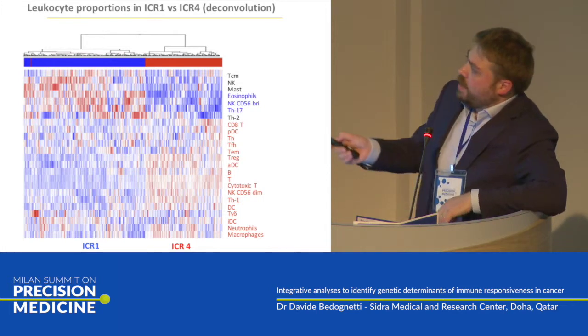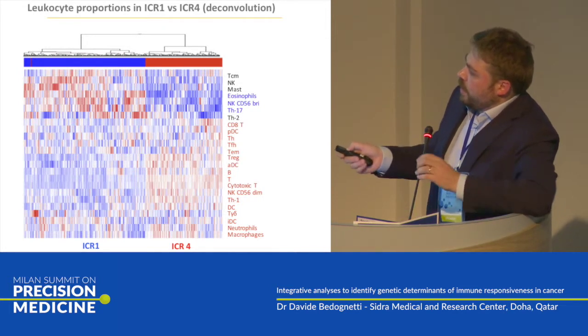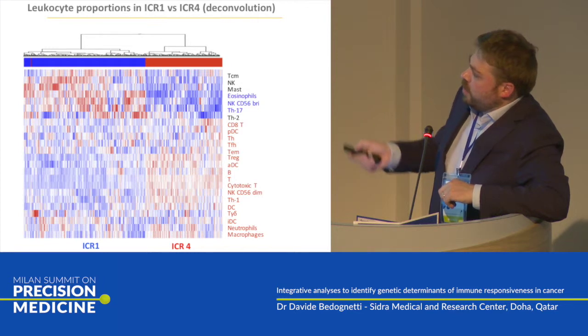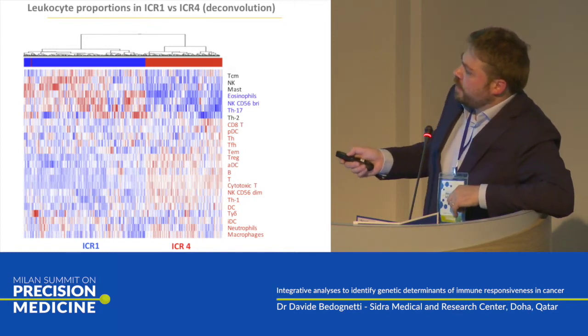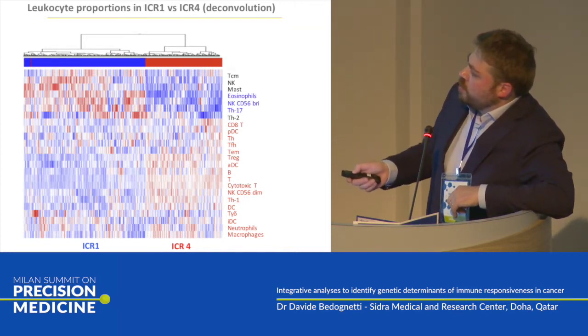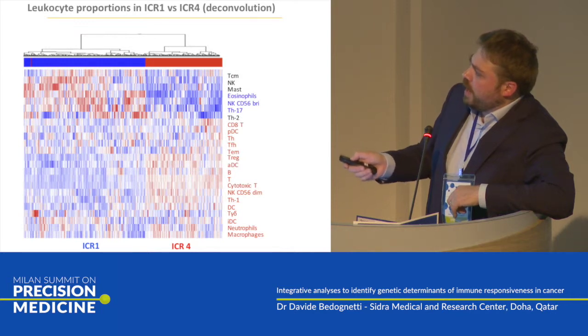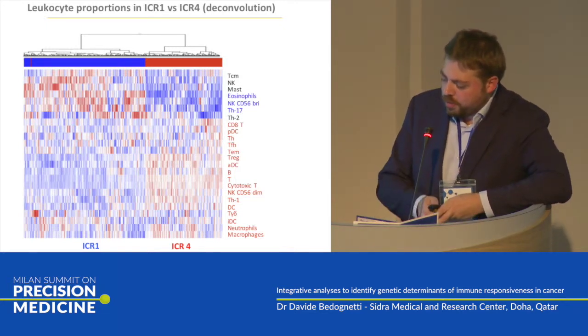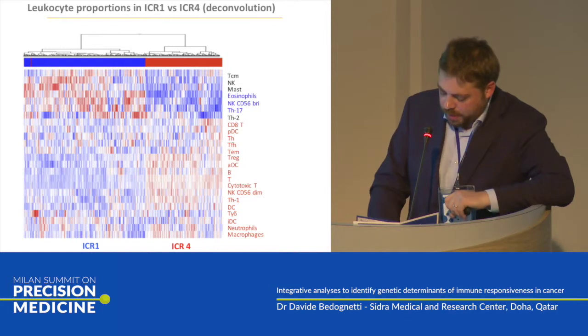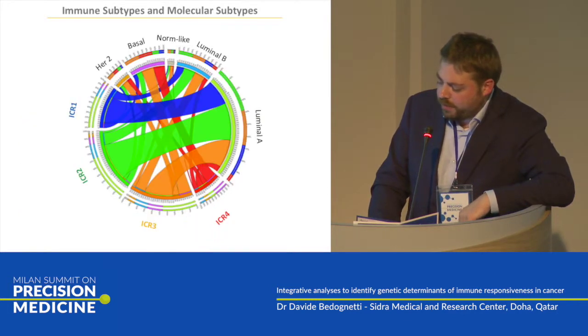As you can see, ICR4 has a very strong level of infiltration of B cells, T cells, and cytotoxic T cells, while ICR1, the immune silent, has relatively low, almost 0 T cells or 0 B cells, and the few are not polarized toward a T helper 1 immune response, but rather a T helper 2. So these tumors are indeed the opposite, dramatically different.